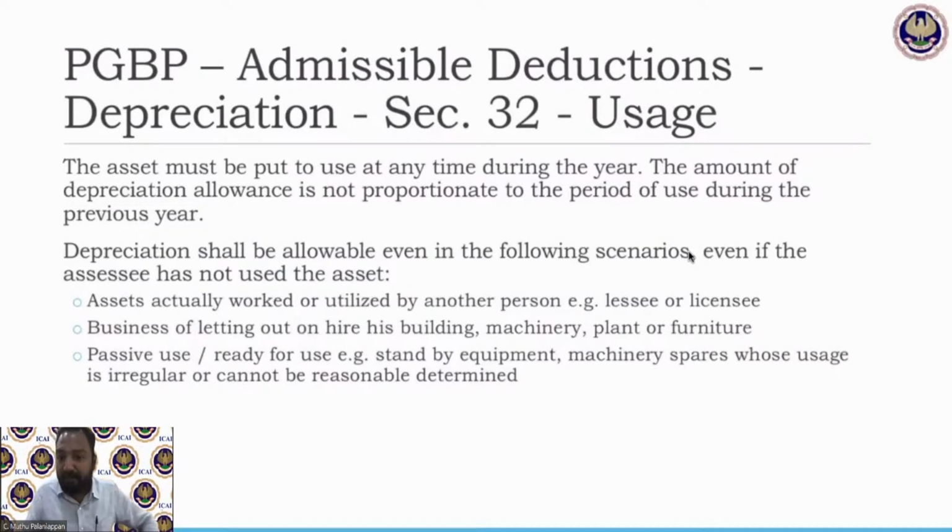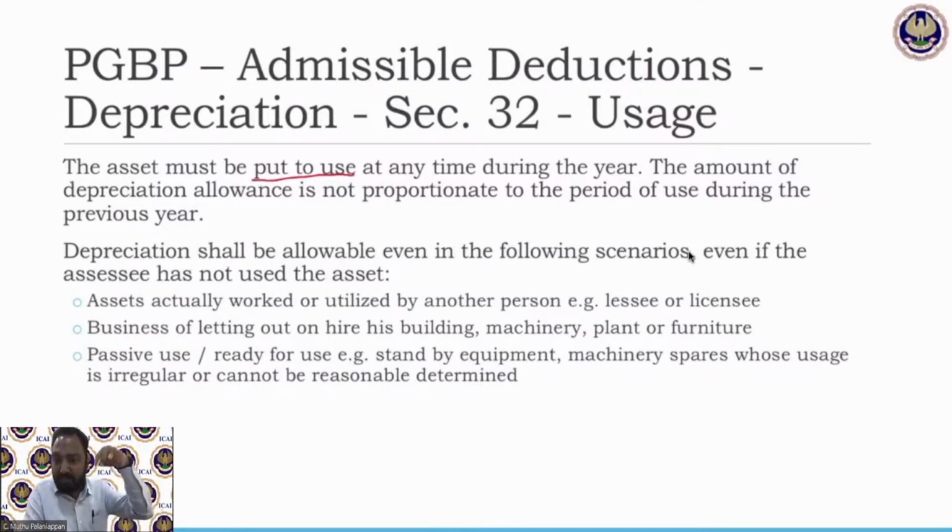So what does it say? The asset must be put to use. So it must be actually put to use. So in that case, the amount of depreciation, as far as income tax is concerned, when it comes to Companies Act, when it comes to your accounting, depreciation is proportional. Like in this year, if you have the asset for 100 days, I provide depreciation only on 100 days.